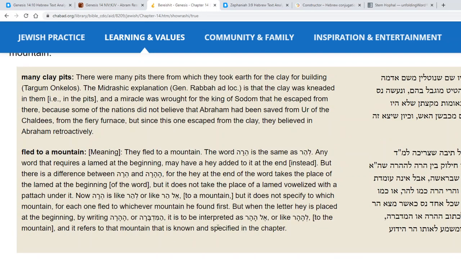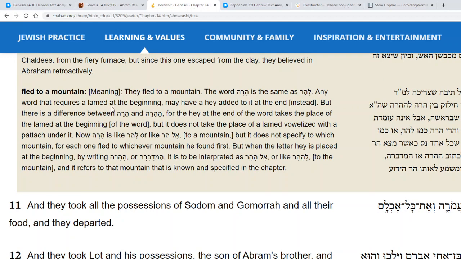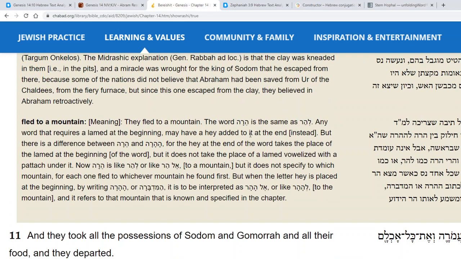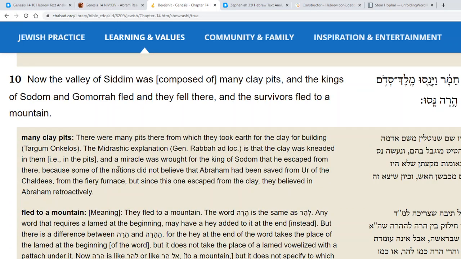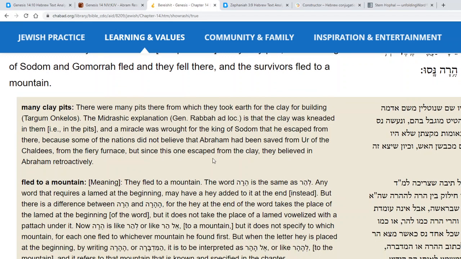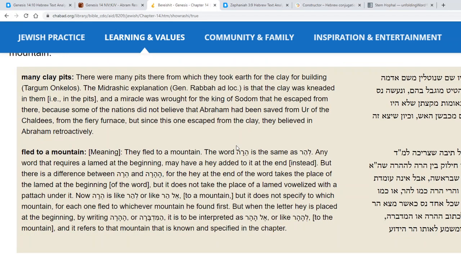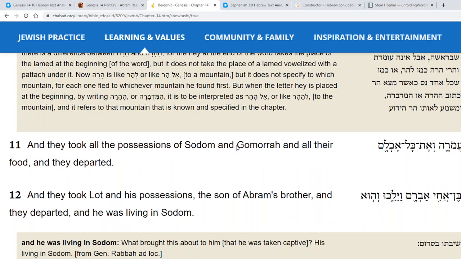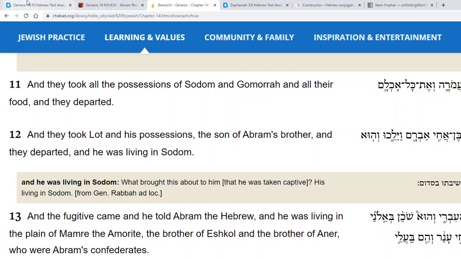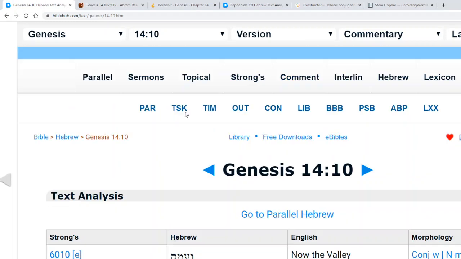And Rashi is explaining that Hahara is with the directional hey. And he's also explaining Berut Hamar. Yeah, similar to how we're saying it. And you can look at the Rashi's there if you want. Okay, verse 11.